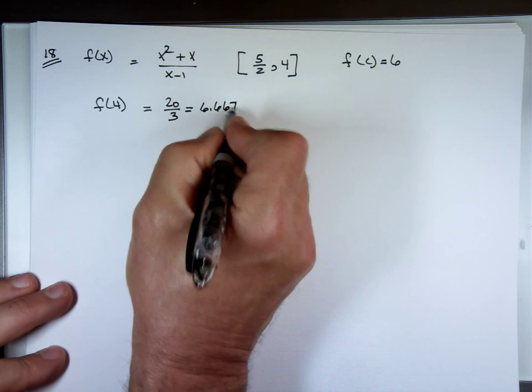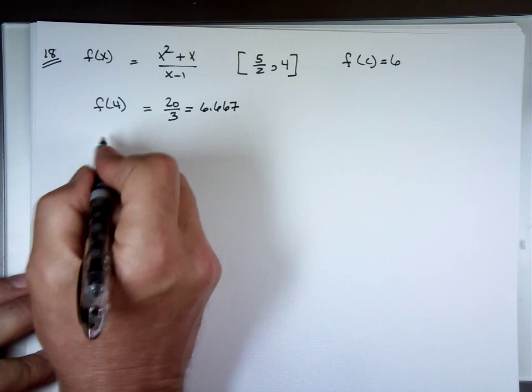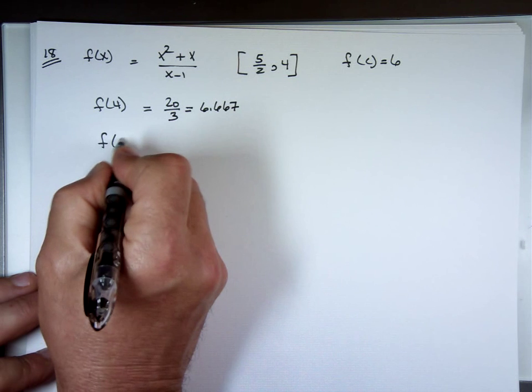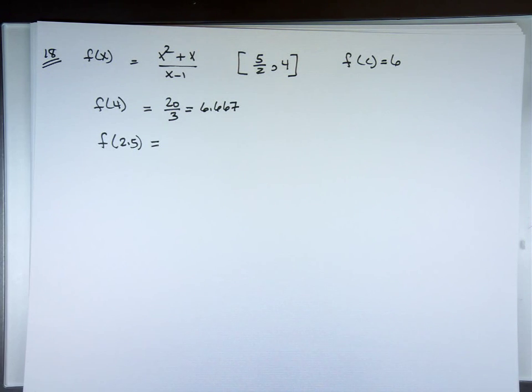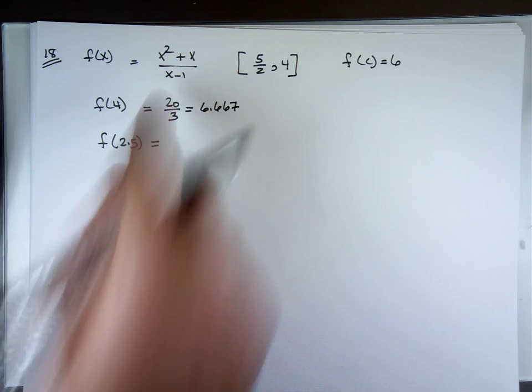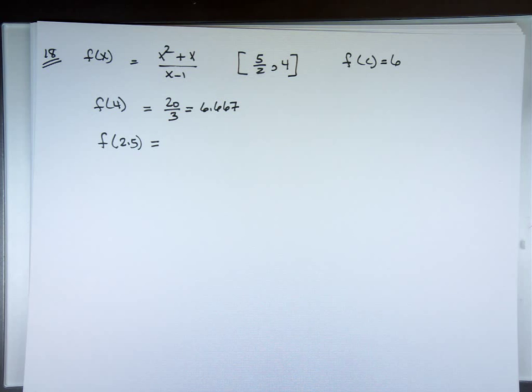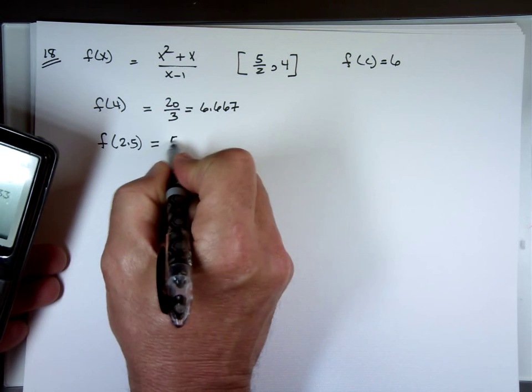And f of 2.5, that's 5 over 2. What's that number? 2.5 squared plus 2.5 divided by 1.5, 5.8. There has to be a number between these two.